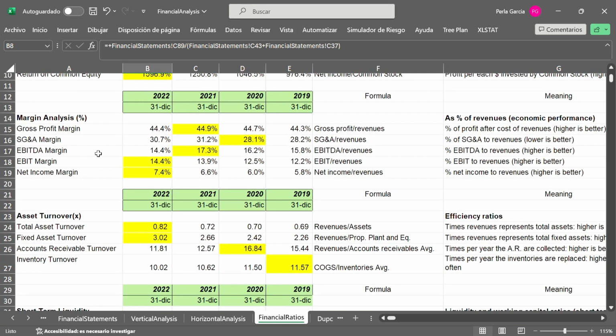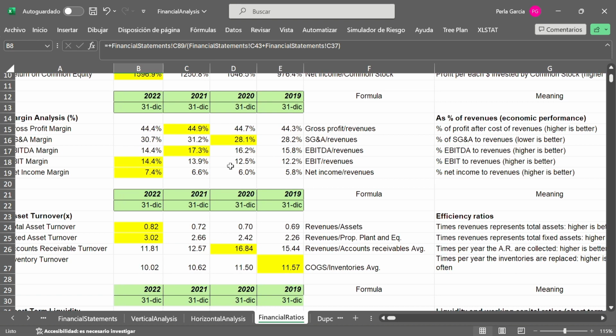Then the marginal analysis. The marginal analysis is used to evaluate all of the aspects of the company's profitability, and the ratios provide insights into how efficiently the company is managing its costs and pricing of products or services.